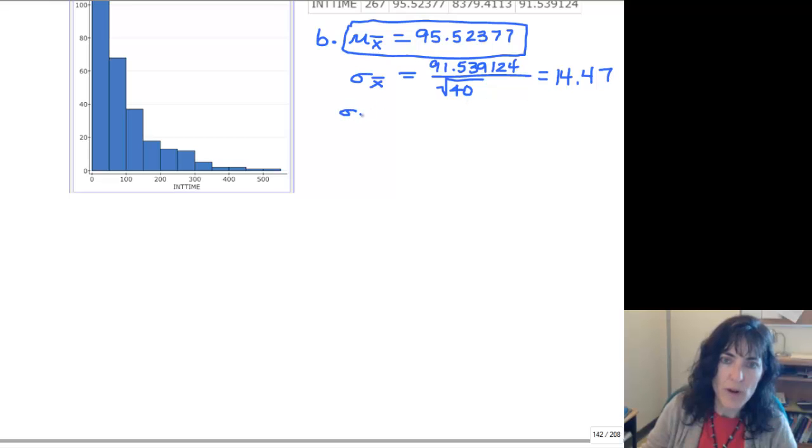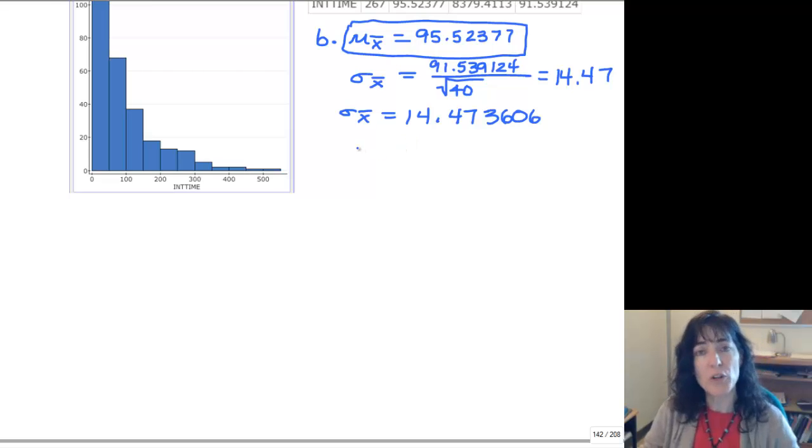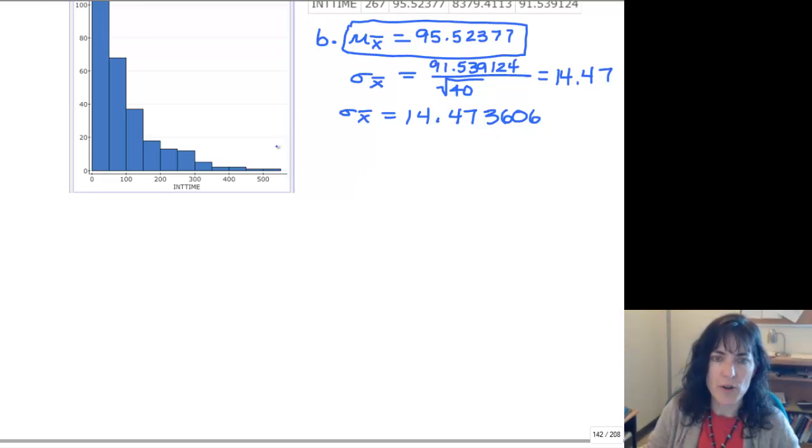And what I want to do is write that out longer or store it on my calculator, so I have 14.473606 if I want to keep even more digits, which I think I do because look how many they have for the mean, so I'm going to just keep a bunch for the standard deviation as well. So that'll be my answer for the standard deviation.